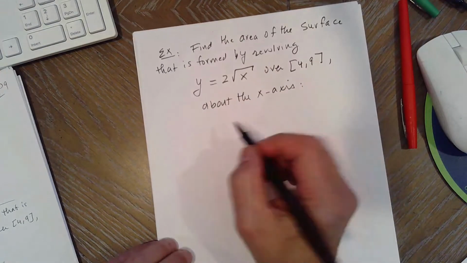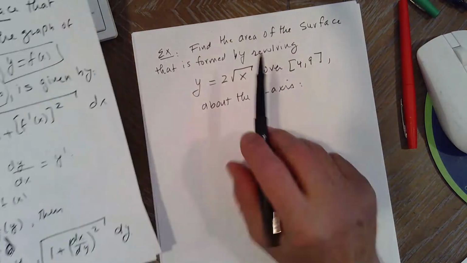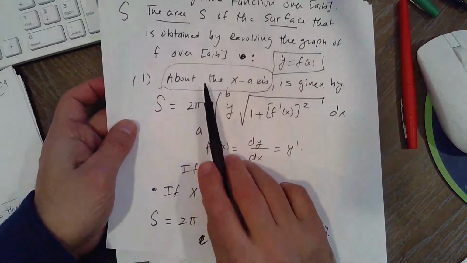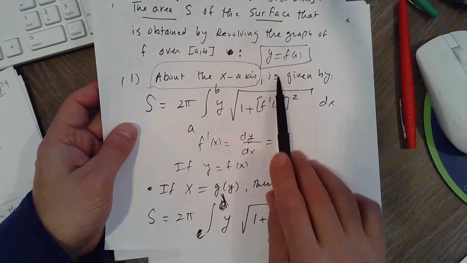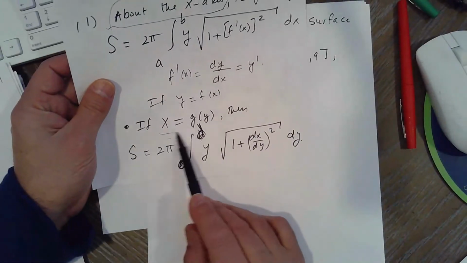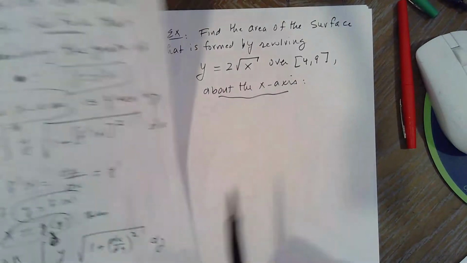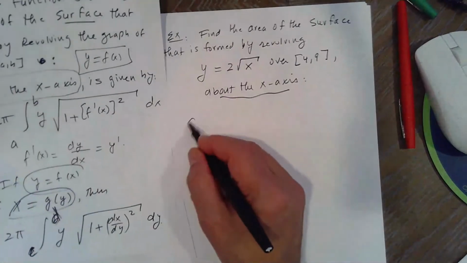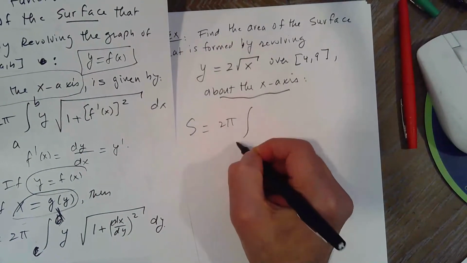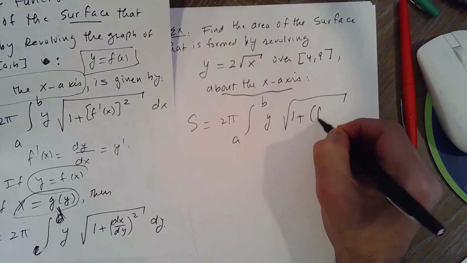So right away, to know which formula I should use, first of all, I know it's revolution about the x-axis. So I start there. Now, is it y equals f of x, or is it x equals g of y? Obviously, it's y equals f of x, so it's that formula. So let me write it down. 2 pi integral from a to b of y times the square root of 1 plus f prime of x squared dx.